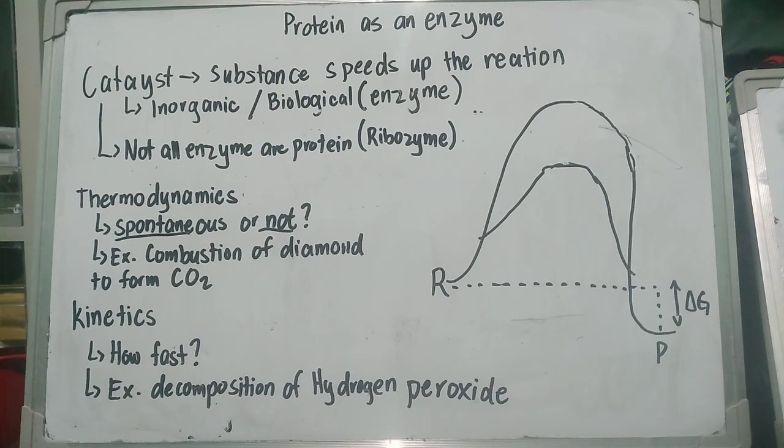But below, the example for kinetics is the decomposition of hydrogen peroxide. Kinetically, this is favored because when you put hydrogen peroxide, it will easily evaporate. But in terms of energy, it is not really favored. So I hope that's clear.